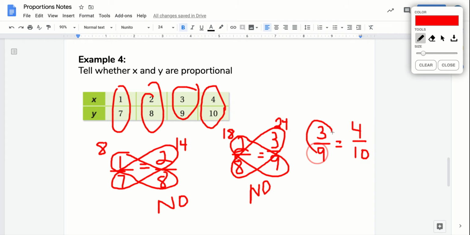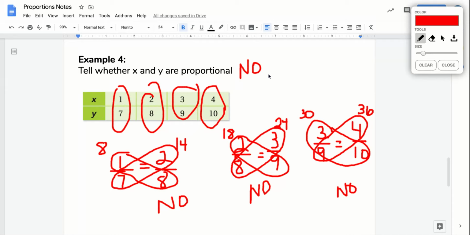Do my cross products. Oops, circled a little too much on that one. 9 times 4 is 36, and 10 times 3 is 30. So 30 does not equal 36. So this whole thing, they're not proportional. So no. All you have to do is multiply your cross products, and if they're equal, they're proportional.